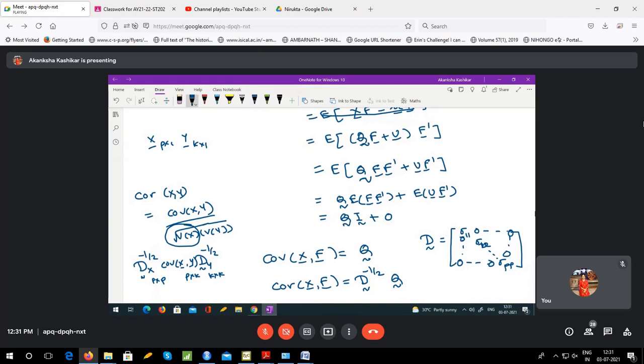Is it okay? So correlation between the observed variables and the common factors is basically some scaled version of the loading matrix. Hence, the loading matrix has a lot of importance because it is going to tell me the role of every factor in every variable. Is it okay up to this?